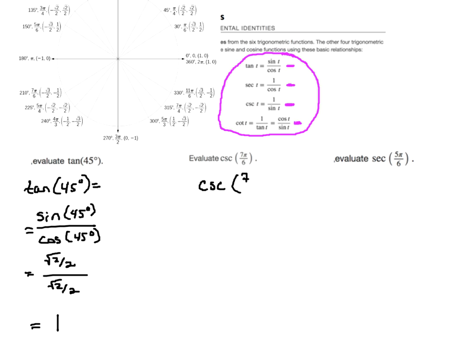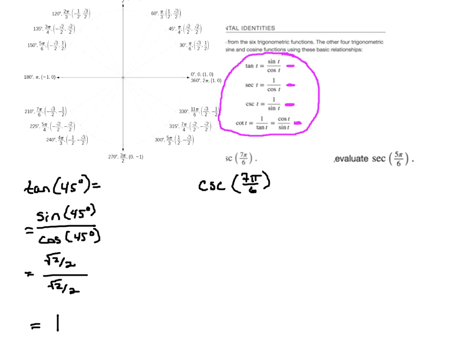Now we're asked to evaluate the cosecant of 7 pi over 6. Okay, 7 pi over 6 lives right here.